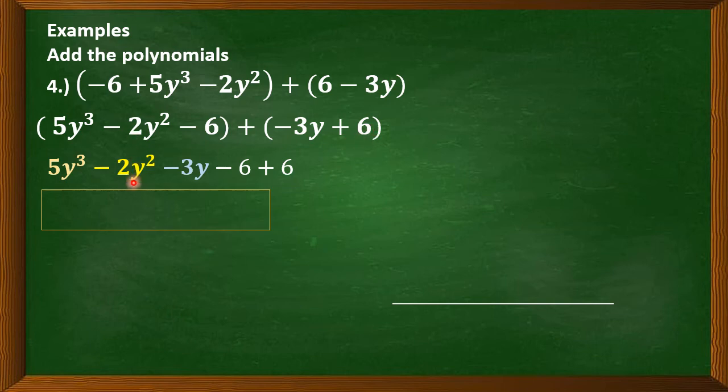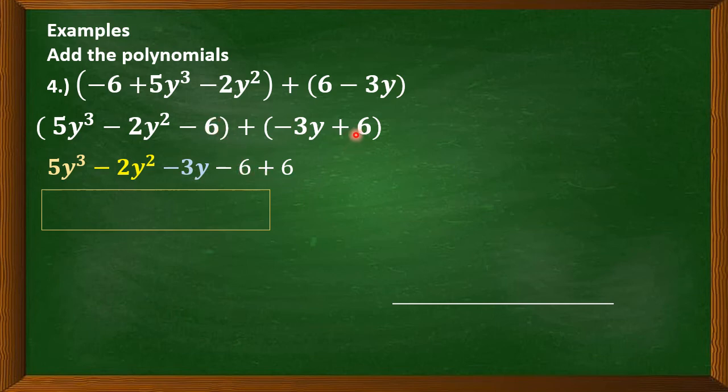So just copy also. And then we have here negative 3y. I already arranged this in descending order. And then here we have no also term that has a y as a literal coefficient. So just copy.